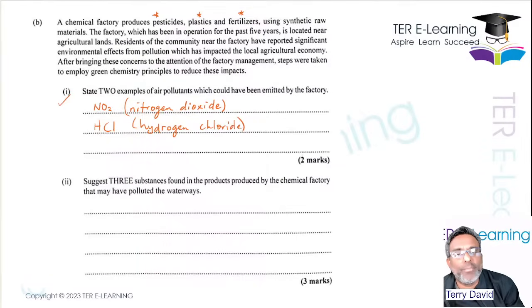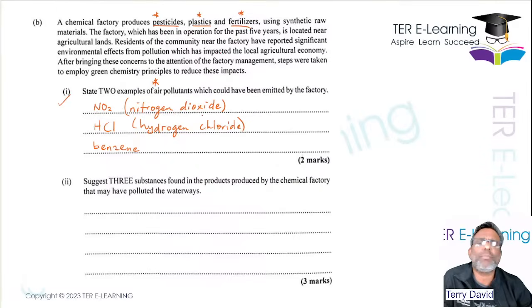Now you're manufacturing pesticides here, and they said air pollutants, so you can also get things like benzene as a possibility. Now the thing is, any valid answer could work. 2 examples of air pollutants. The pollutants have to be based on what they are manufacturing. What else? It is possible. Let me see something here.